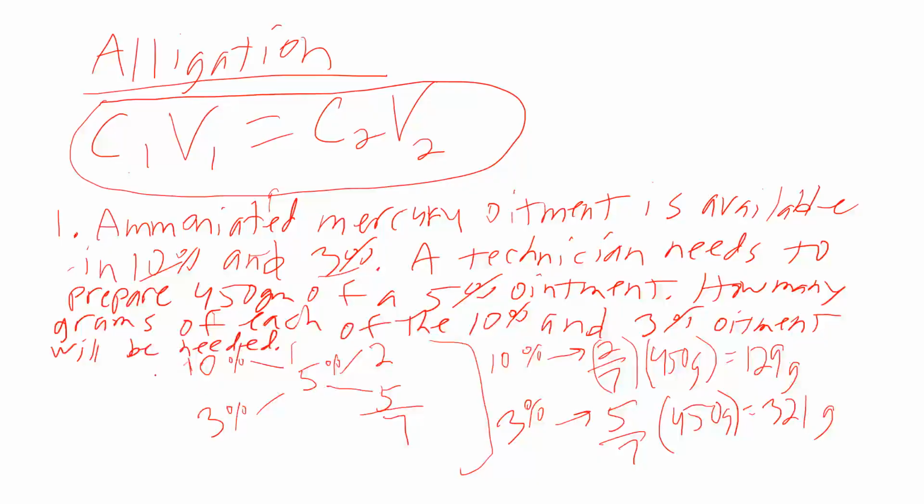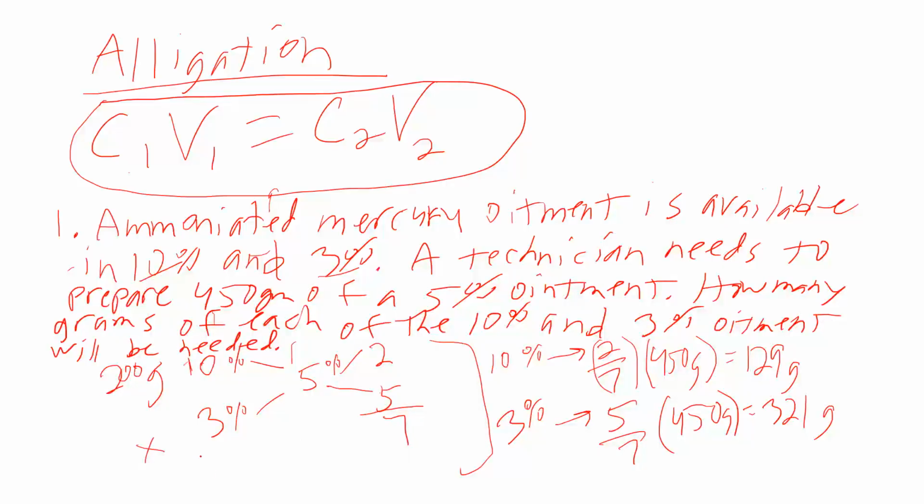If I knew, for example, that there was, let's just say 200 grams of 10%, but I don't know how many grams of the other, so I know that I'm going to add a certain amount X to 200 grams, then you can use this as a ratio.